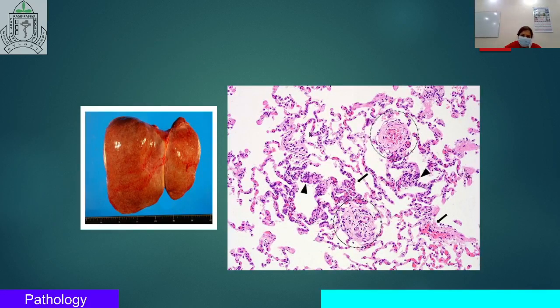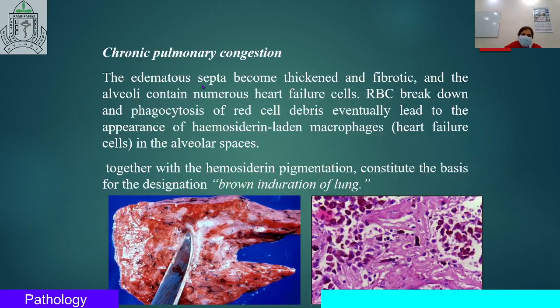In the chronic case, these edematous septa become fibrotic, and alveolar hemorrhage ultimately produces heart failure cells by the breakdown of red blood cells. So there are 2 key points in acute pulmonary congestion and 2 key points in chronic pulmonary congestion. Very simple.